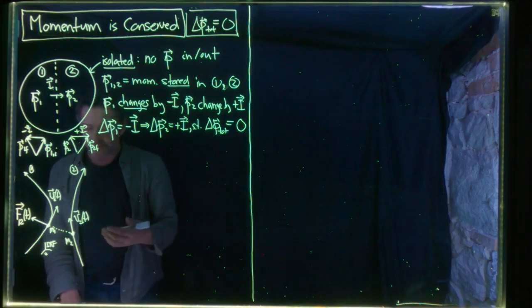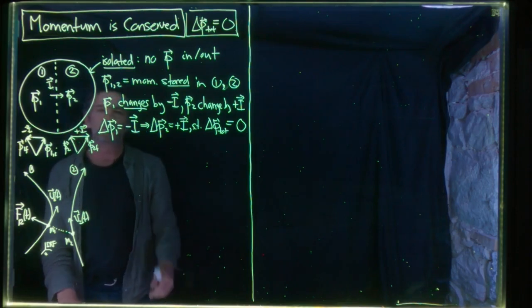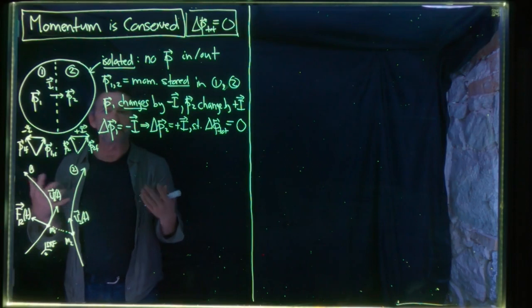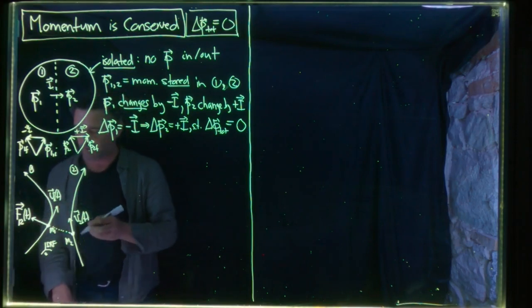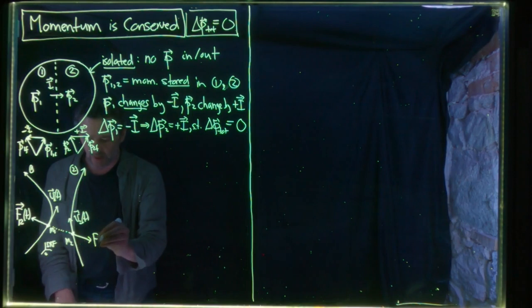And then the idea is that we're going to assume, and this isn't always true, that the force of interaction satisfies Newton's third law. Okay, so the force on 1 due to 2 at this instant of time is equal in magnitude but opposite in direction to the force on particle number 2 due to particle number 1 at that same instant of time.